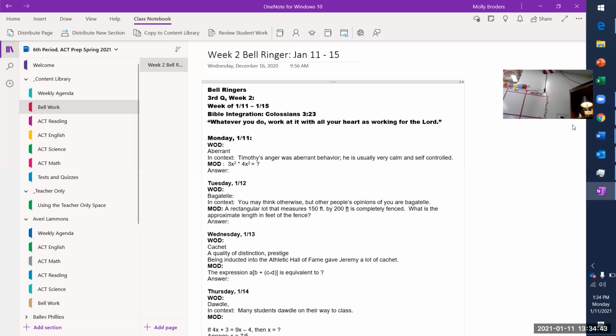Write in your test booklet. You're allowed to do that? Yes, you paid for your test booklet. It is yours. Write in your test booklet, underline important information. Yes, absolutely. You are allowed to do that and you want to do that. That is great.